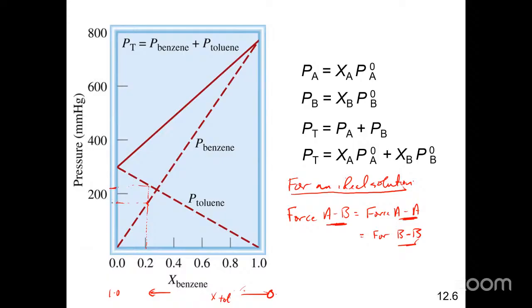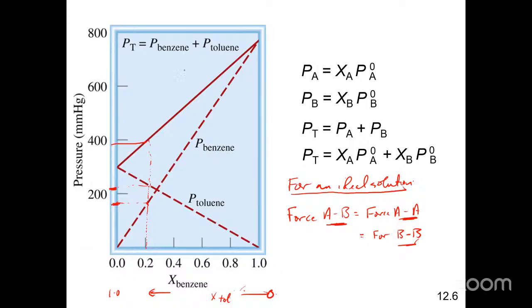You add this value to this value, and that will give where this line ultimately ends up when you get to here. So this value here will be the sum of whatever value you get here and whatever value you get here. And that's how you get all the data points to establish that total vapor pressure line for this mixture. So as I said before, we call this an ideal solution.